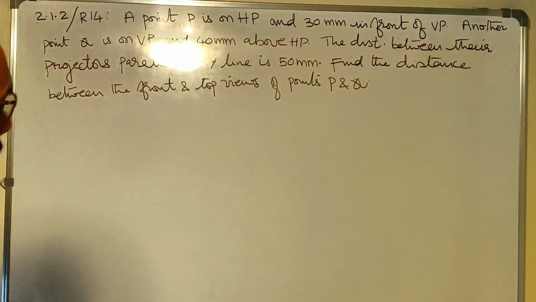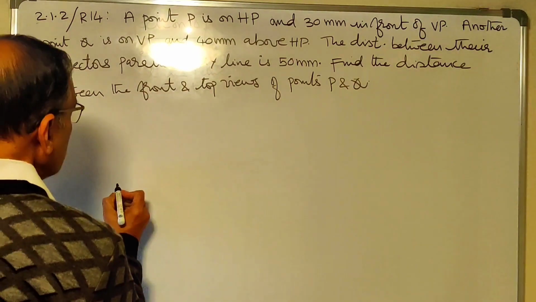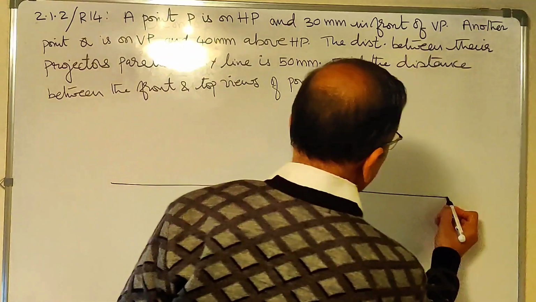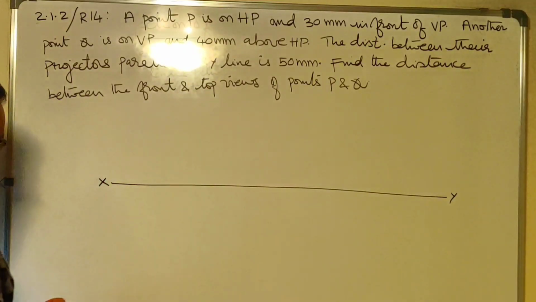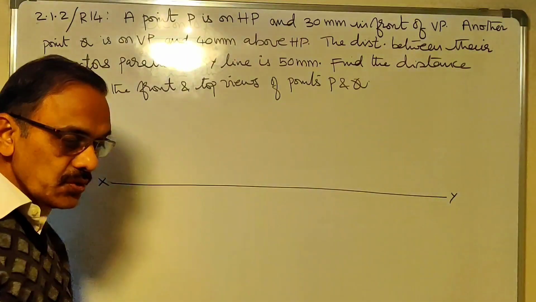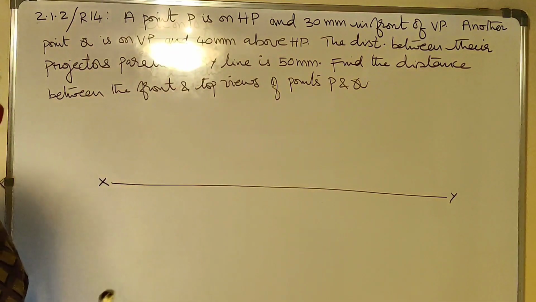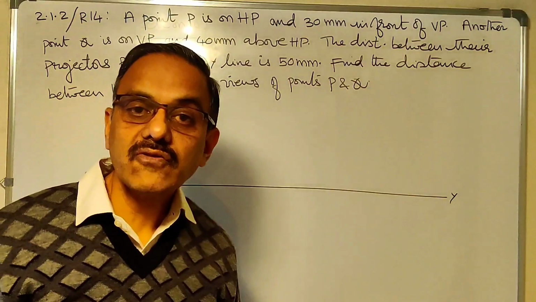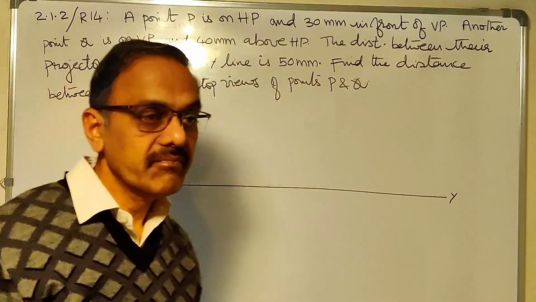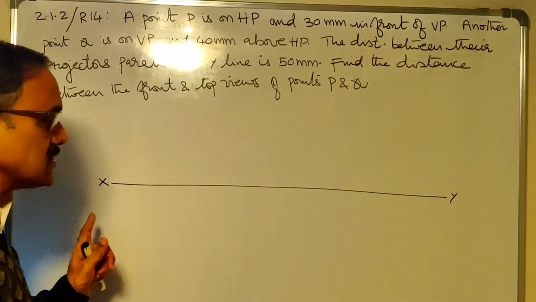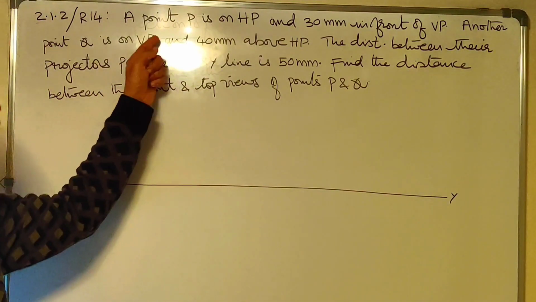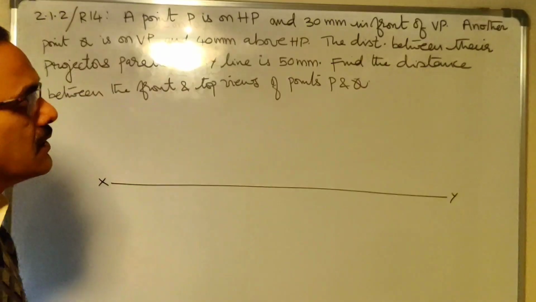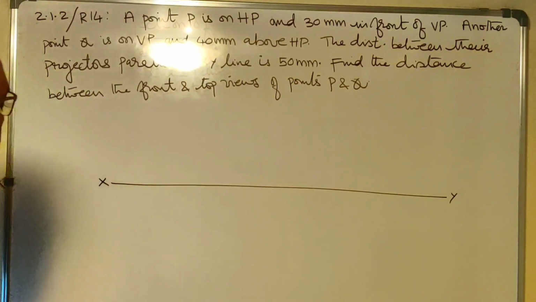So let us start by drawing the XY line first to solve this problem. Say this is the XY line. As I already mentioned, we don't write VP and HP for the XY line here since we discussed the position of a point in all 4 quadrants. So let us not write anything here, just the XY line. Now let me represent the point P. The point P is on HP and 30 mm in front of VP.